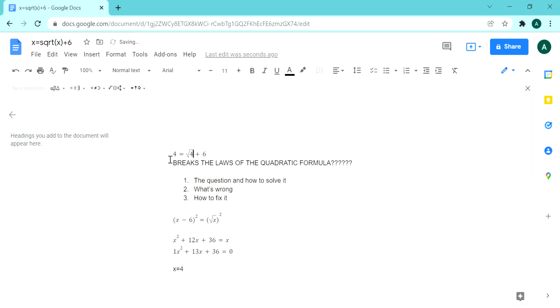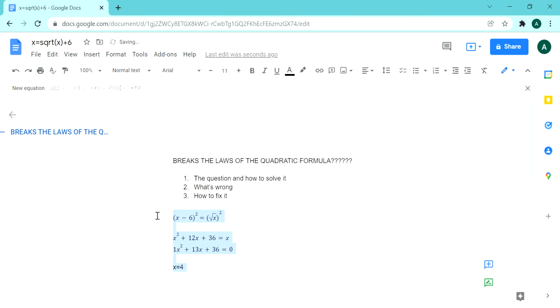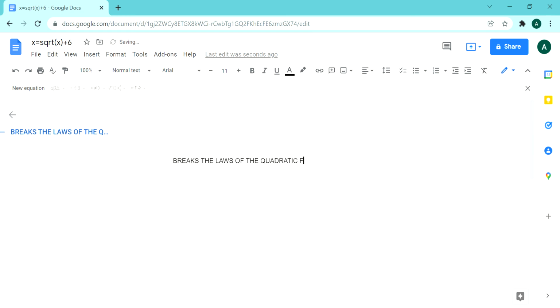The square root of 4 plus 6 is 2 plus 2. Is this a true mathematical statement? No, it's not. That's what's wrong. x doesn't equal 4. Why are we getting this? I will explain it later.